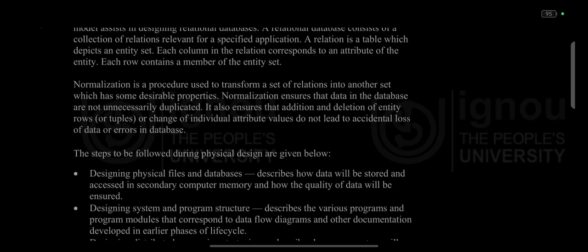Normalization is a procedure used to transform a set of relations into another set which has some desirable properties. Normalization ensures that data in the database are not unnecessarily duplicated. It also ensures that addition and deletion of entity rows or tuples or change of individual attribute values do not lead to accidental loss of data or errors in database.